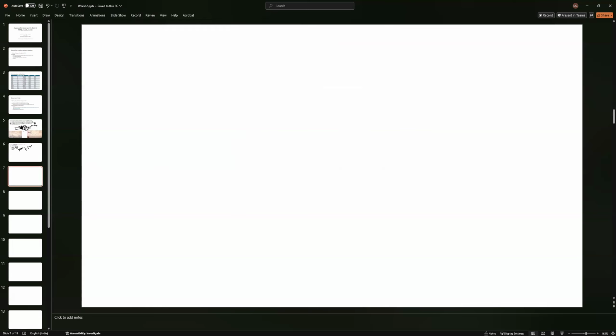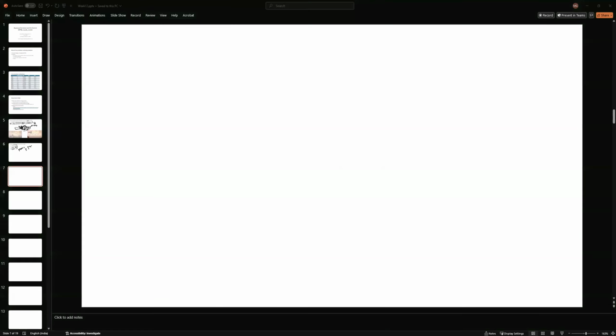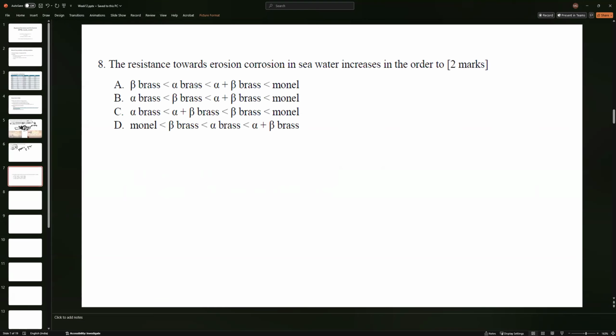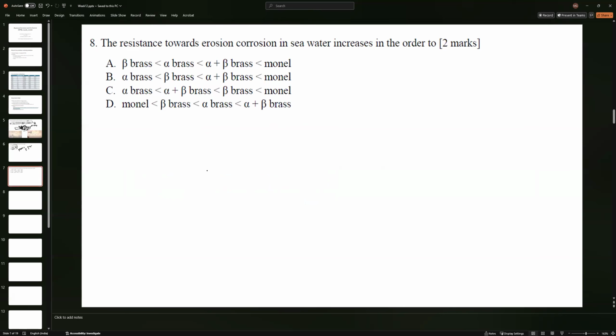And the third one, online literature says the beta phase. All literature says this is the trend for the hardness: beta is hardest, then alpha plus beta.